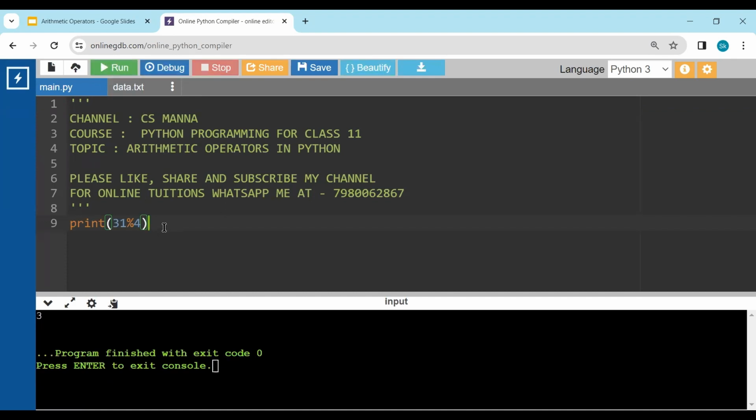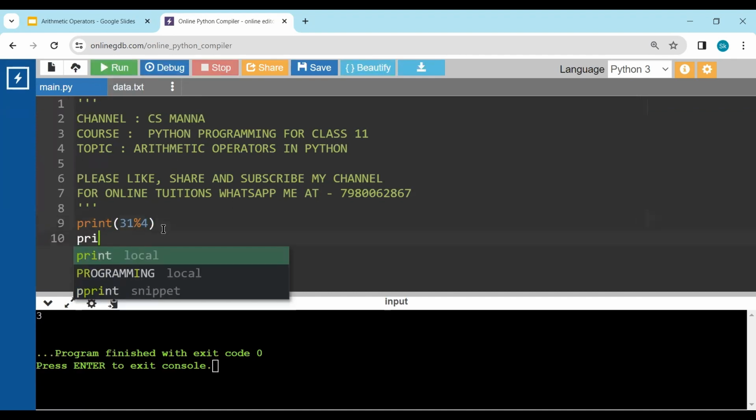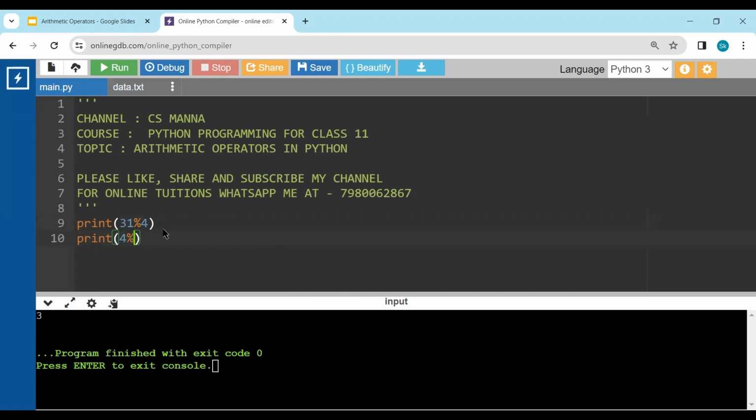So it's 3. But let's see a case if you are writing 4 mod 31. So what will be the remainder? One thing you should always remember: in case the numerator is a smaller value than the denominator, in this case the divisor, you will get the numerator itself as the result. So in this case, it will be 4.